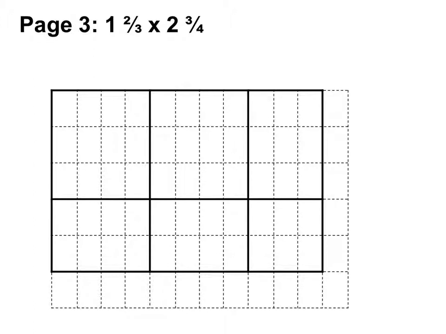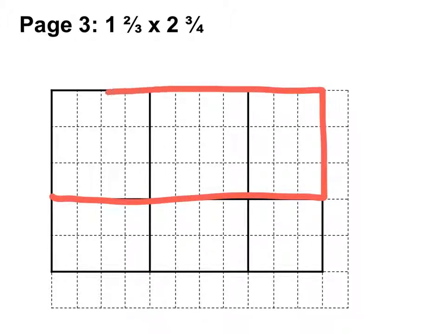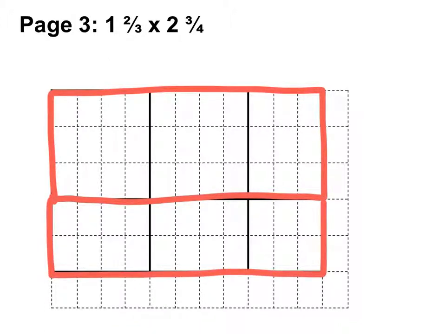Or I can think of this as 2 3/4 added 1 2/3 times. So here is 2 3/4 one time. Here is 2/3 of 2 3/4.